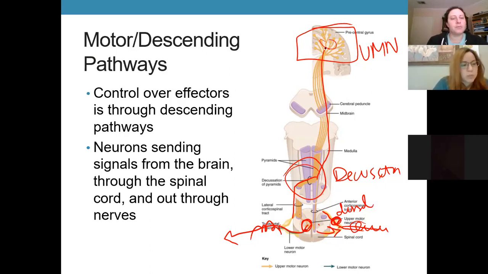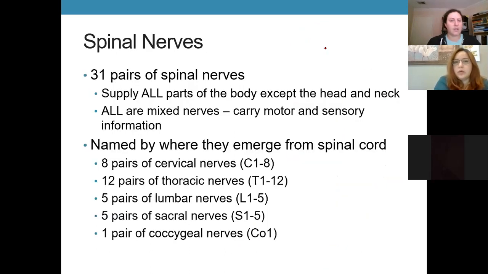All right, so now that we've kind of talked about a general overview of that, like I said, we're gonna go through that stuff again when we get to the somatic and autonomic nervous systems. The next thing I want to focus on is more of the anatomy. So looking at the actual nerves of the peripheral nervous system.